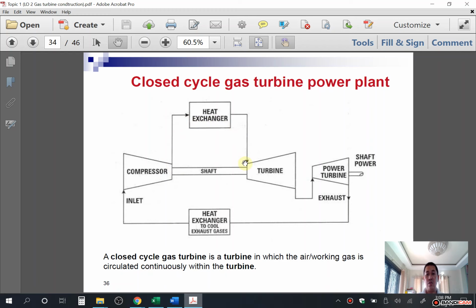So in a closed cycle, after the turbine, this is the exhaust, which flows back to the compressor through the heat exchanger. A closed gas turbine is a turbine in which the air working gas is circulated continuously within the turbine. So that is the closed cycle.